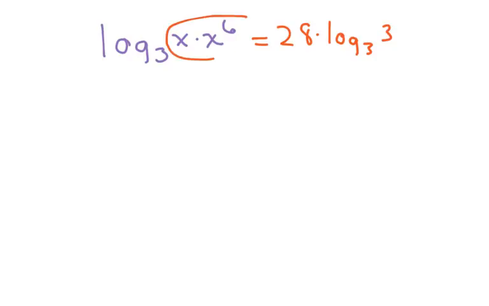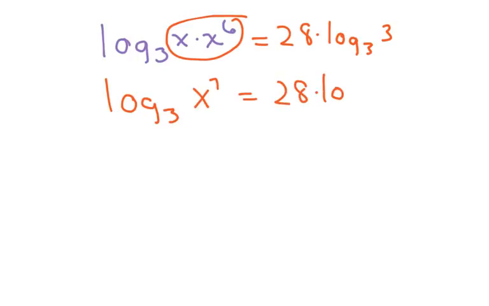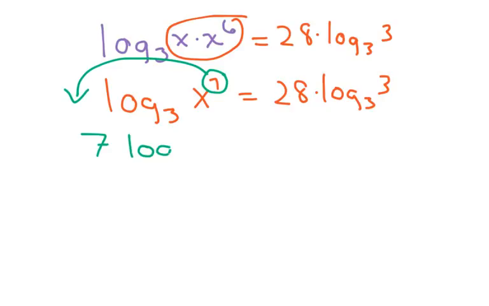Now we know that this is x to the 7th, so we have log base 3 of x to the 7th equals 28 times log base 3 of 3. At this stage I'm going to bring him out front. So I have 7, use my power property, log base 3 of x equals 28 times log base 3 of 3.